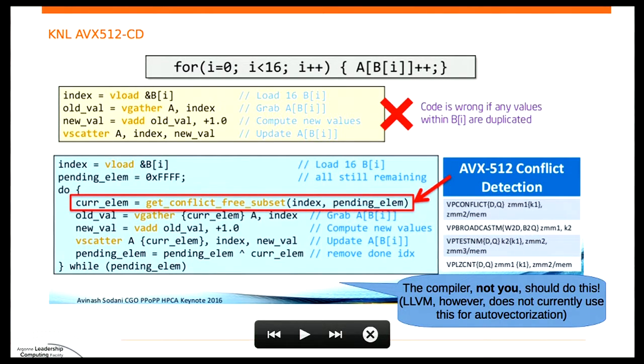I will point out, however, that there is some trickiness in doing this correctly, or optimally I should say, because if you have loops in which you have a lot of conflicts, statistically speaking, it might still be better to use some other technique than these instructions, and so we're working out all those details.